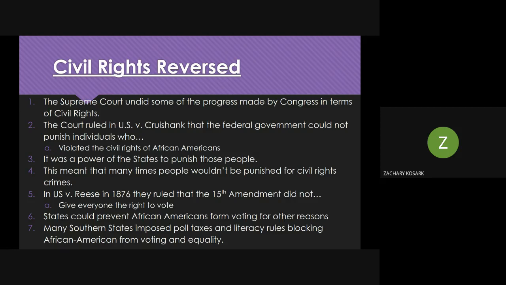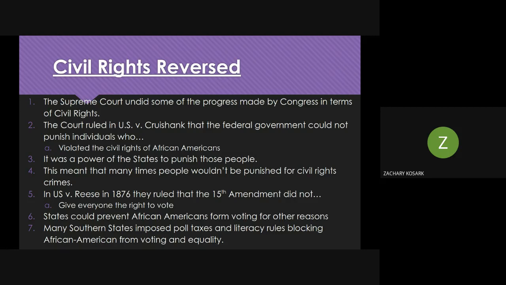The law here is that if you keep a person from voting, you can't be punished. If you keep them from having access to their rights or freedom, you can't be punished. That's what the decision is, which really just is kind of a slap in the face to African Americans.